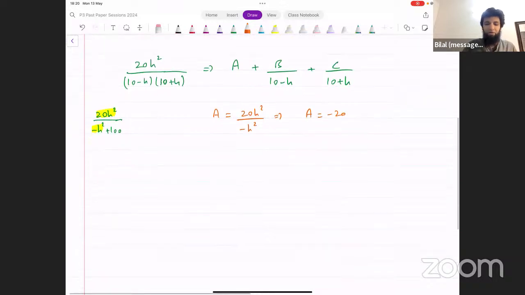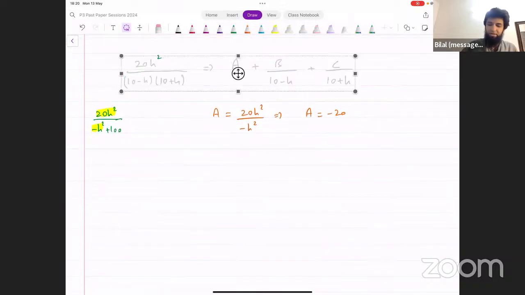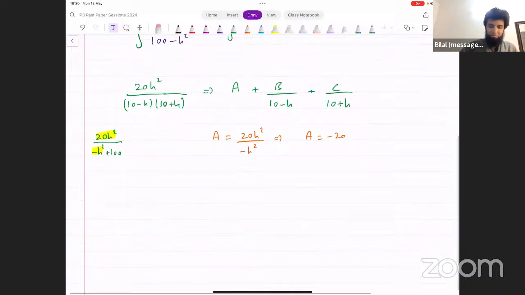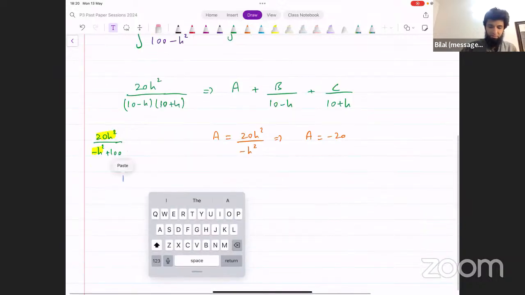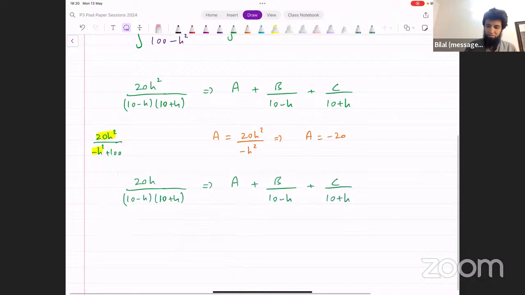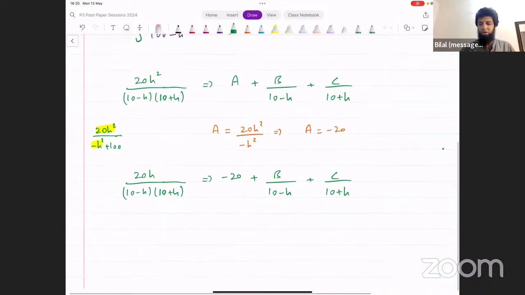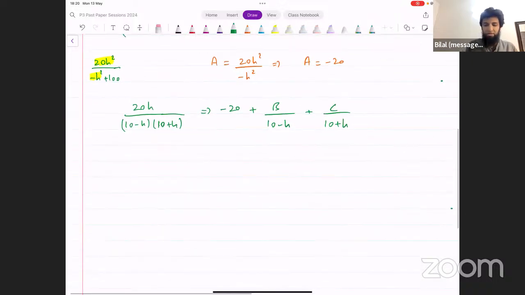Once you have the value of A, you would have minus 20 here, and then you just follow the normal partial fractions process, multiply the denominator on the left side to the right side, and that gives you 20h, which is identical to minus 20.